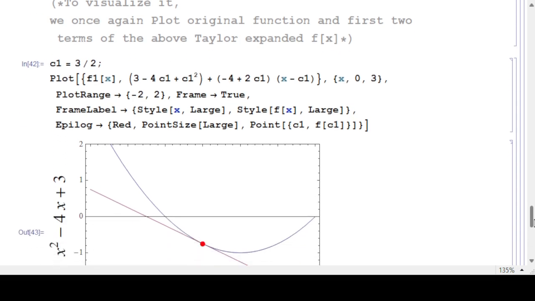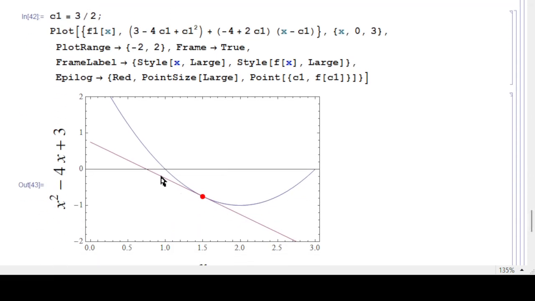And when we plot the function, we see the tangent line which touches the curve at point 3 by 2. So here you can see that 1.5 is the value of 3 by 2. And at this point, this tangent line is not parallel to the x-axis. Therefore, the slope is not equal to 0.